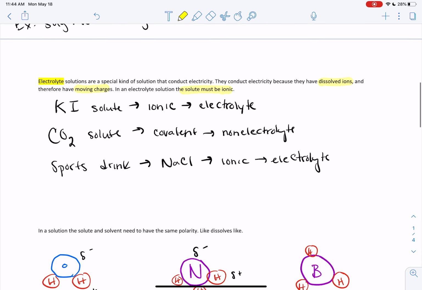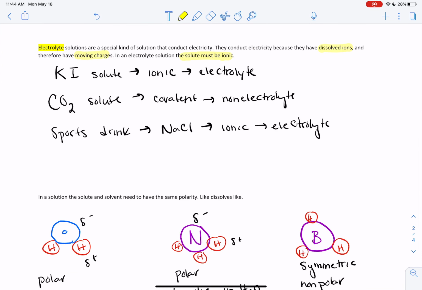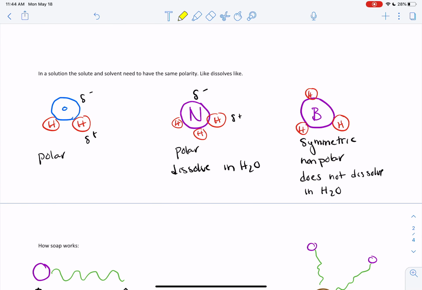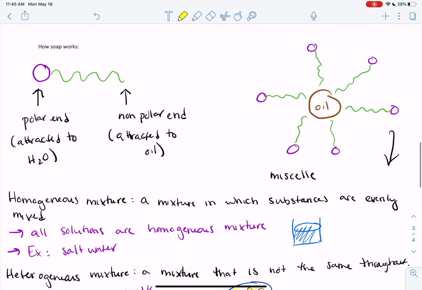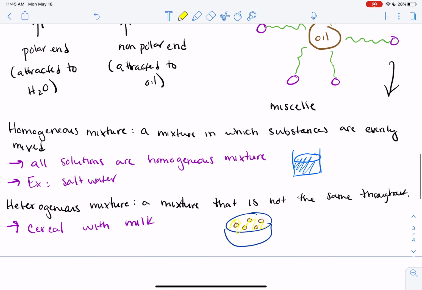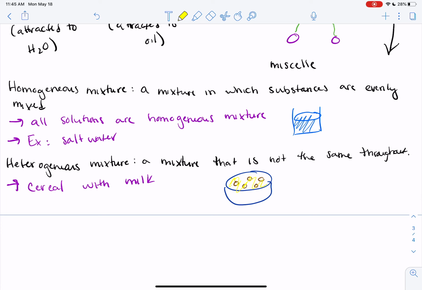We need to understand what an electrolyte is, that an electrolyte is just an ionic solute in a solution, and that makes it conduct electricity. We need to know that polar substances dissolve in other polar substances and non-polar substances dissolve in non-polar substances. So you need to have the same polarity to form a solution. We need to be able to use that to explain how soap works, and we need to know the difference between a homogeneous and heterogeneous mixture.